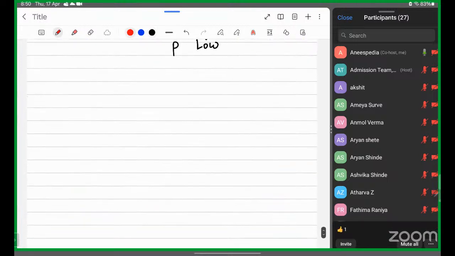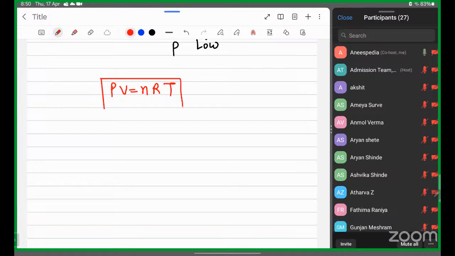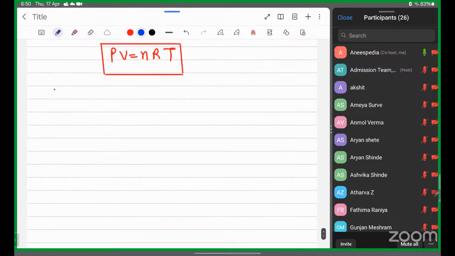Now from PV = nRT, we can explain different gaseous laws. First one, let's say n is constant. We have a given amount of gas at constant temperature.